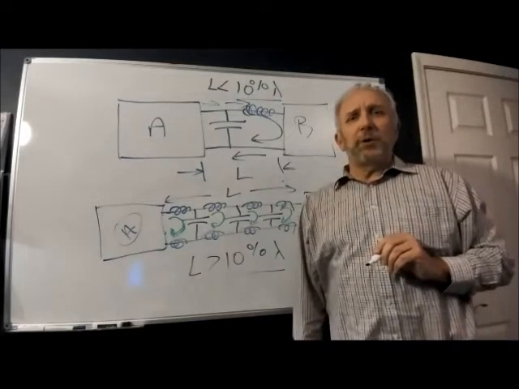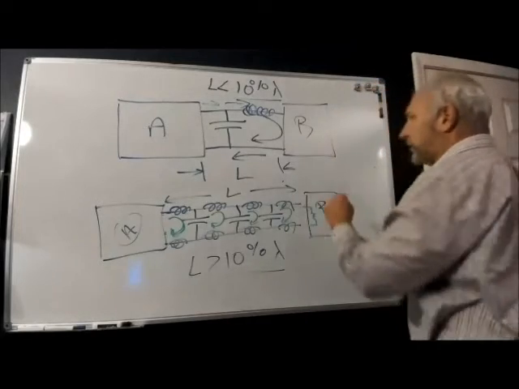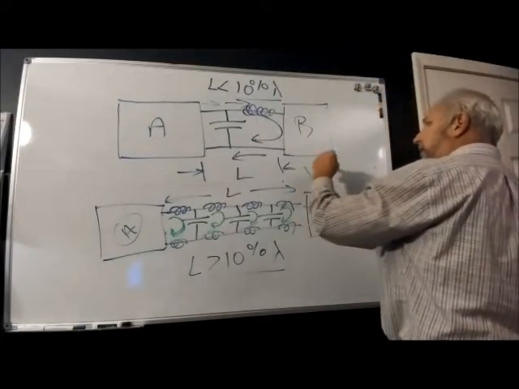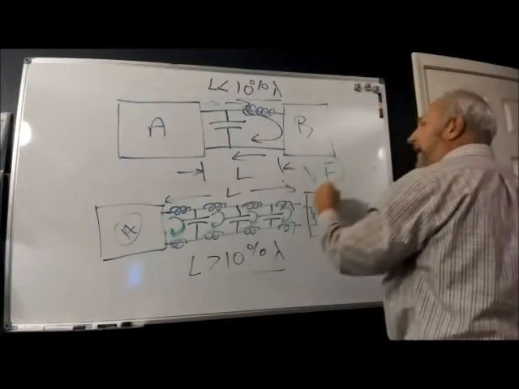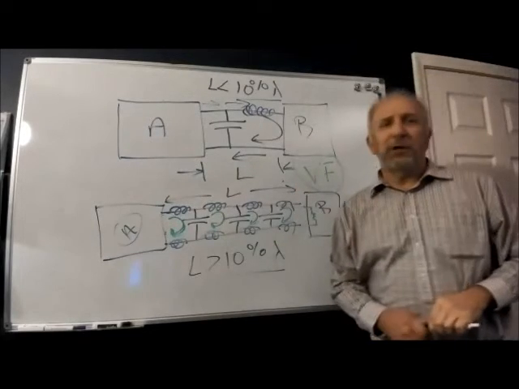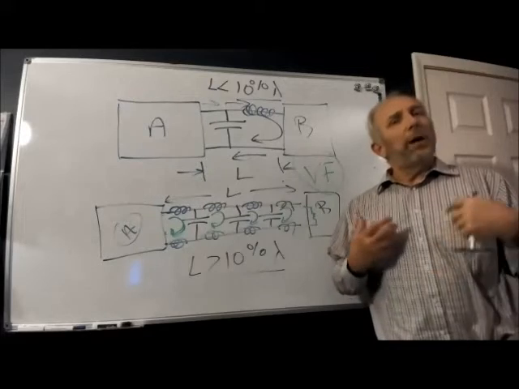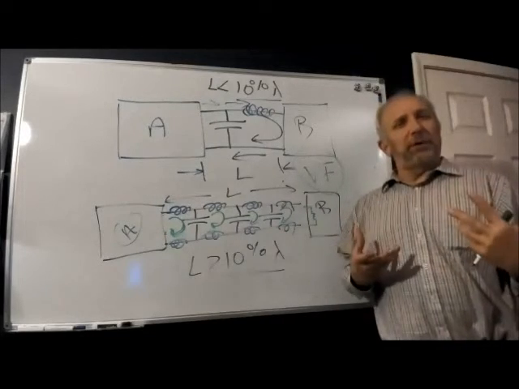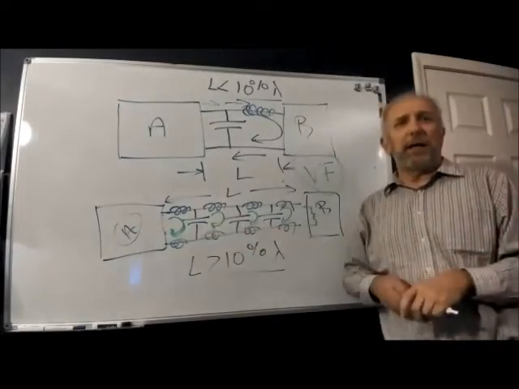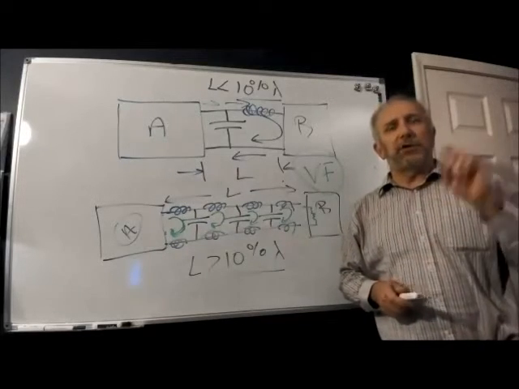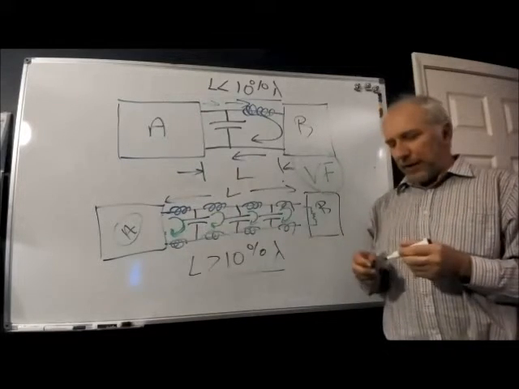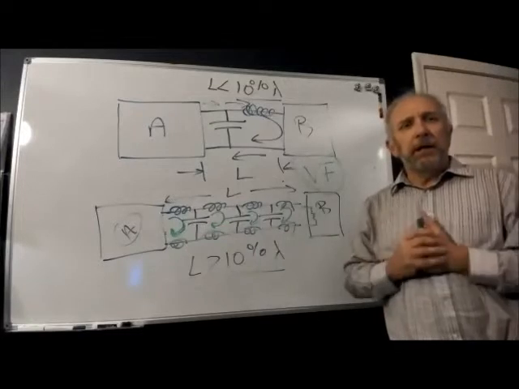If you're looking at transmission lines, you'll typically see something called the VF, the velocity factor. It means what portion of the speed of light this energy is propagating at. Most transmission lines have a 60, 70, 80% velocity factor. Okay, does that make sense?